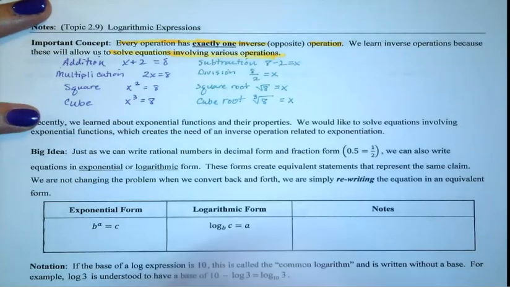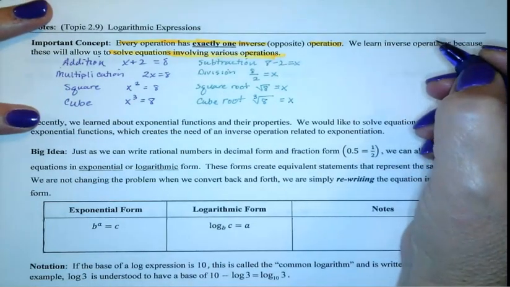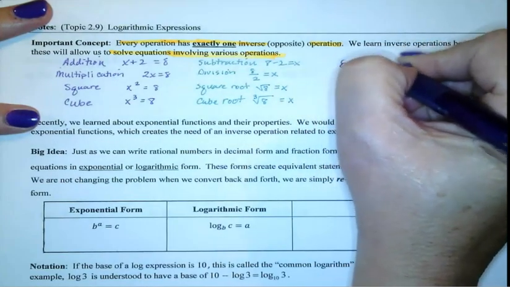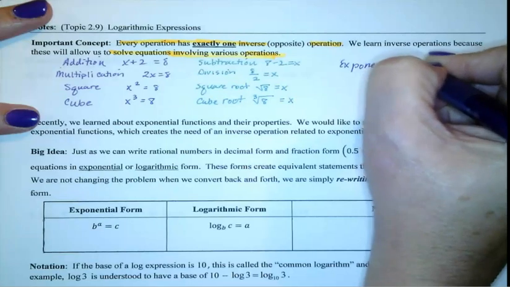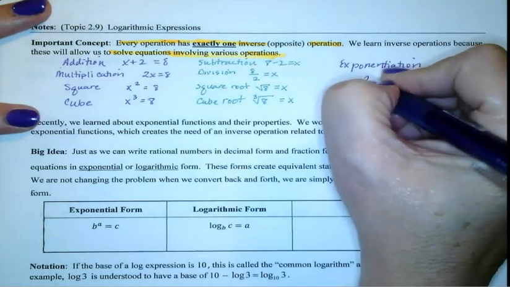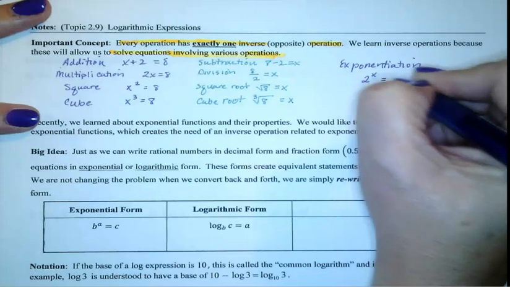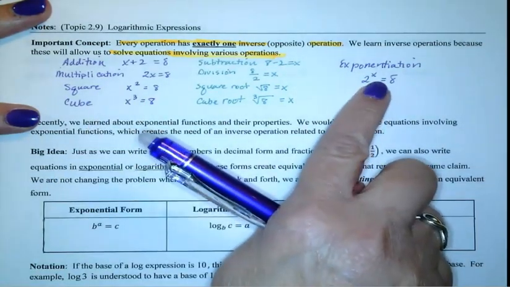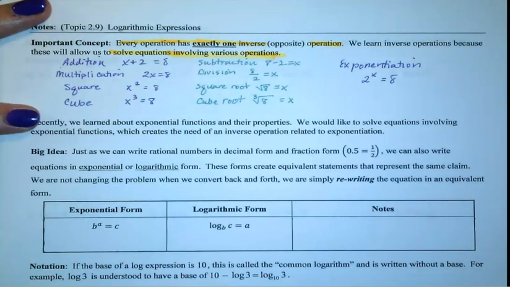And today we're going to focus on exponentiation. Exponentiation might be something like 2 to the x equals 8. Notice here the variable was down here at the base, but here the variable is the exponent. That's exponentiating.